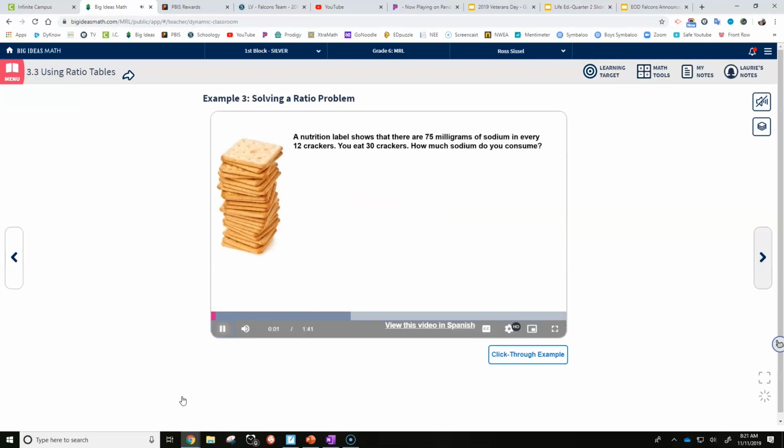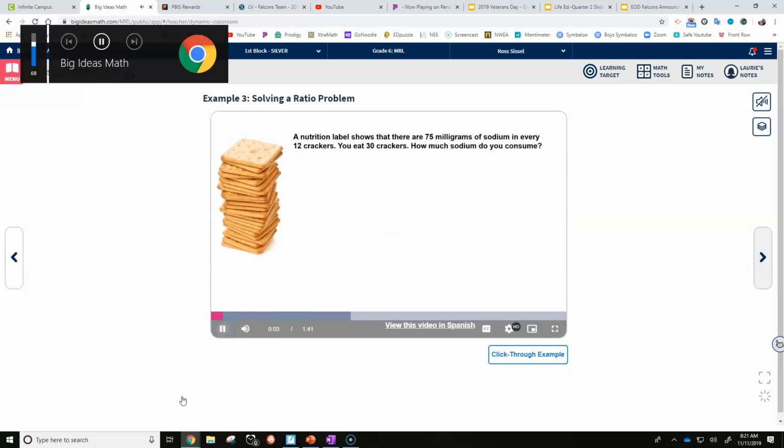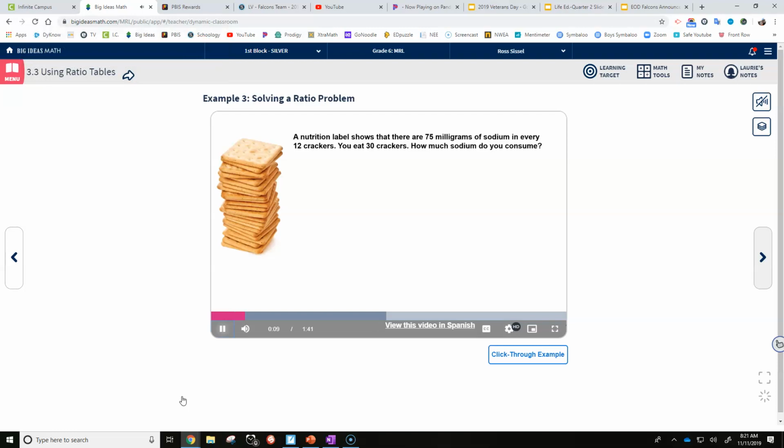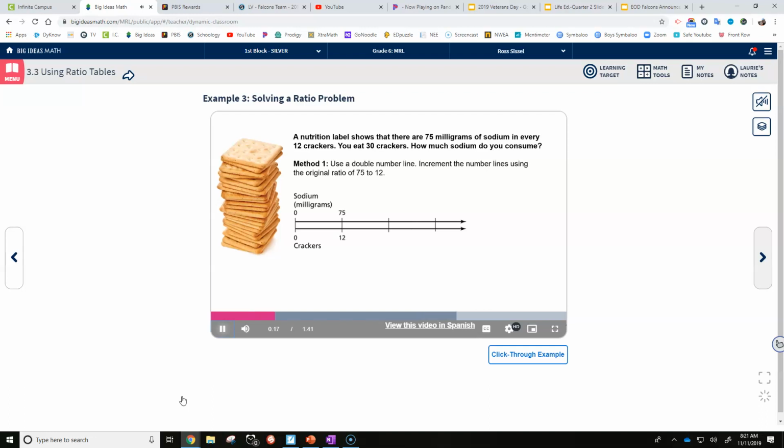Alright. A nutrition label shows that there are 75 milligrams of sodium in every 12 crackers. You eat 30 crackers. How much sodium do you consume? Method 1. Use the double number line. Increment the number lines using the original ratio of 75 to 12. Add 75 to 75 and 12 to 12 to get the ratio 150 to 24.